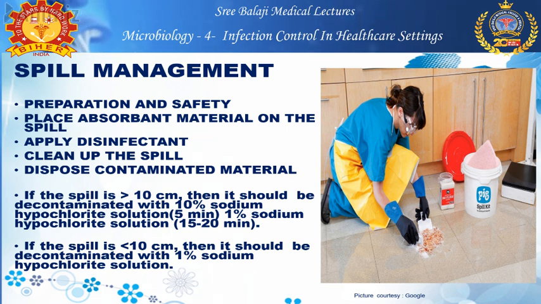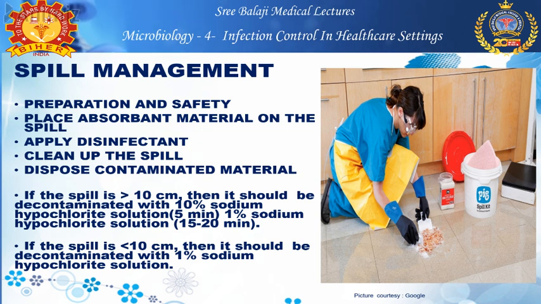Then once the timing is over, you clean up the spill. Usually the spill kit would contain a forceps. Using the forceps, you pick out the broken glass materials first, put them in the collection tray which is given, and then discard them. Where will you discard the broken glasses? Usually they are discarded in the blue bin.